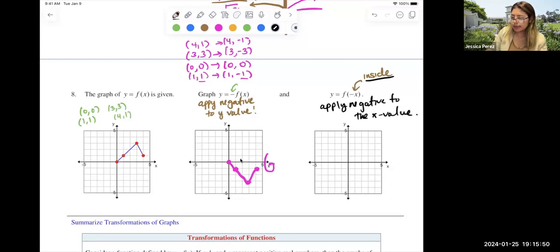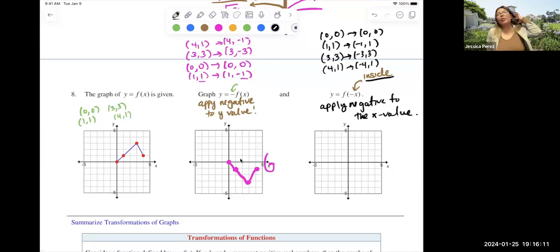So using the same coordinates, now 0, 0 is going to become 0, 0. We have 1, 1, but now it's going to be negative 1, 1. The other one was 3, 3, but now it's going to be negative 3, 3. And lastly, 4, 1 is now negative 4, 1. Again, because we're only applying it to the x value.